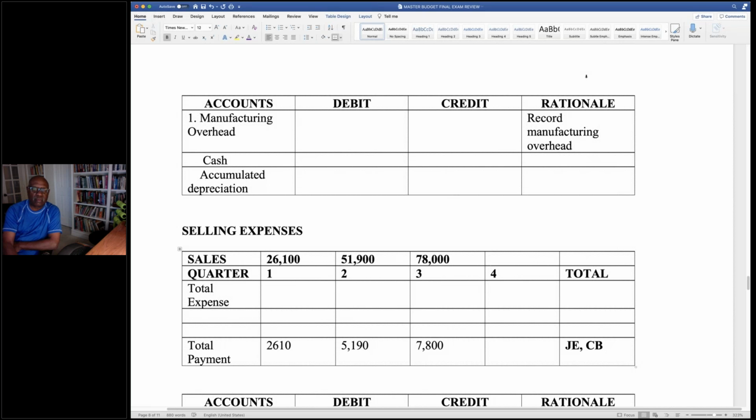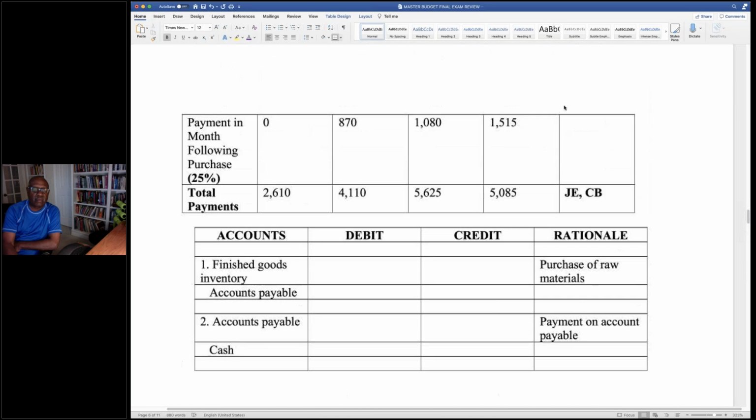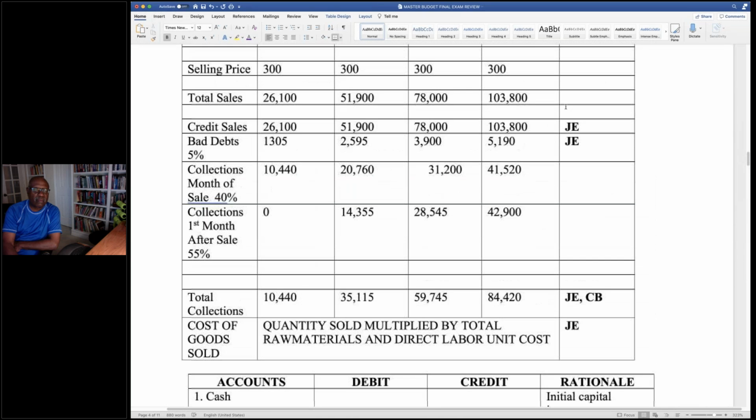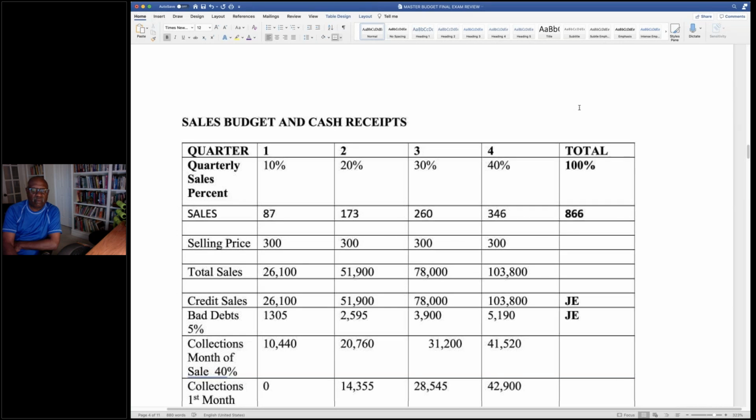Can you go to the sales budget? $1,103,800.